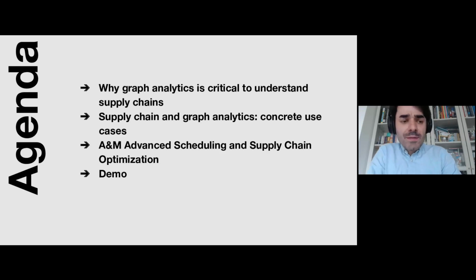So now let's talk a little bit about the agenda for today's meeting. First, we'll discuss why graph analytics is critical to understand supply chains. Then we will discuss supply chain and graph analytics, concrete use cases. We'll walk you through some concrete examples of leveraging graph analytics in supply chain.